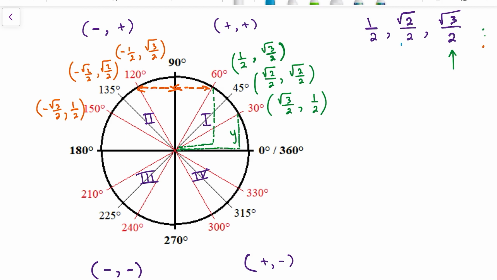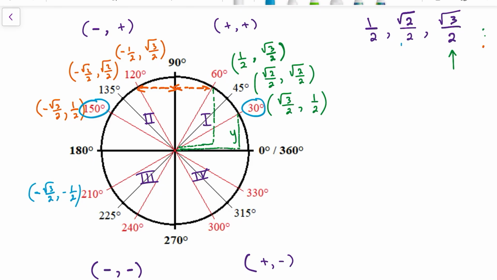Now I have the 210 degrees, which is going to be the same as 150 degrees, which is the same as 30 degrees. I just need to change the signs a little bit. I can see that on the third quadrant, both cosine and sine are negatives. So here I will have a negative root 3 over 2 and a negative half.